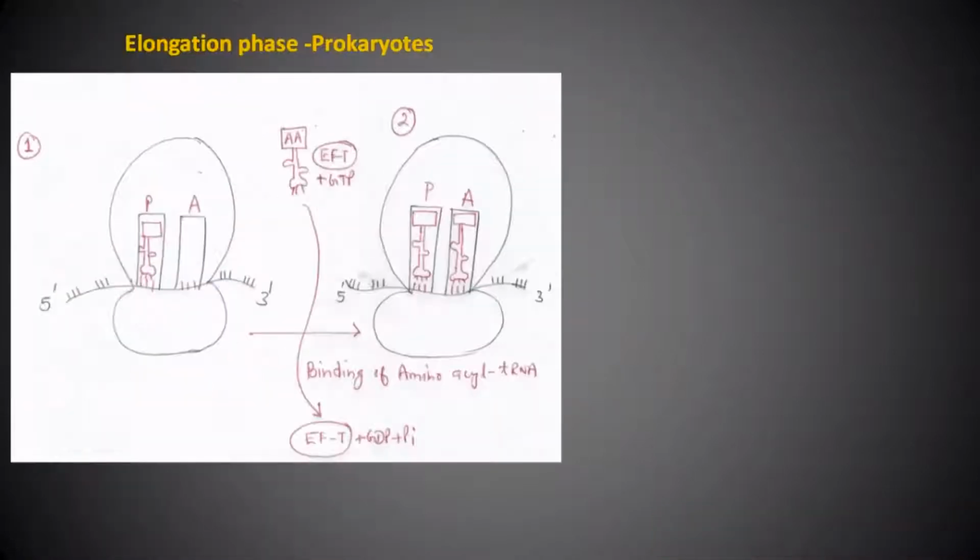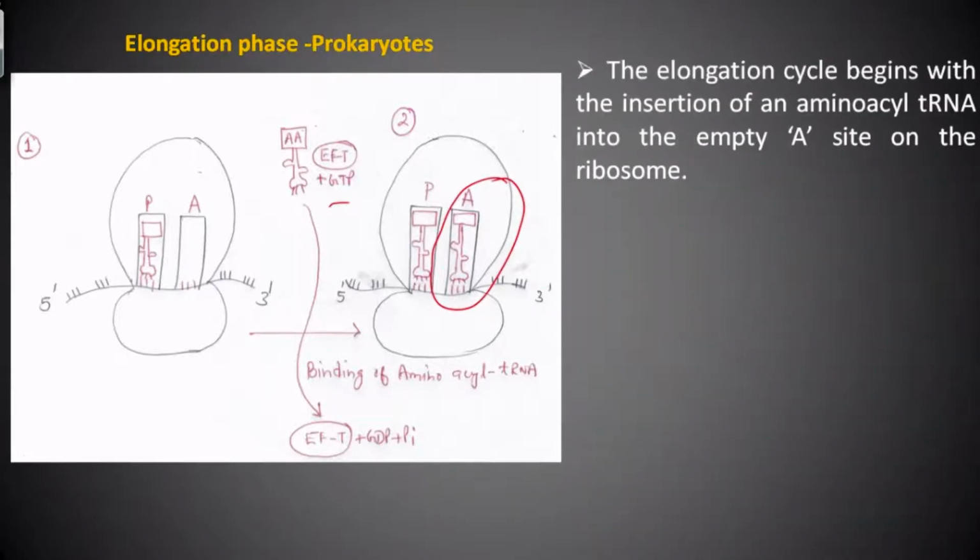In prokaryotes, the same thing happens, only elongation factor T is applied, and in association with GTP, the binding of amino acid tRNA at the A site takes place. First, the elongation cycle begins with insertion of amino acid tRNA into the empty site on the ribosome, which I have discussed.